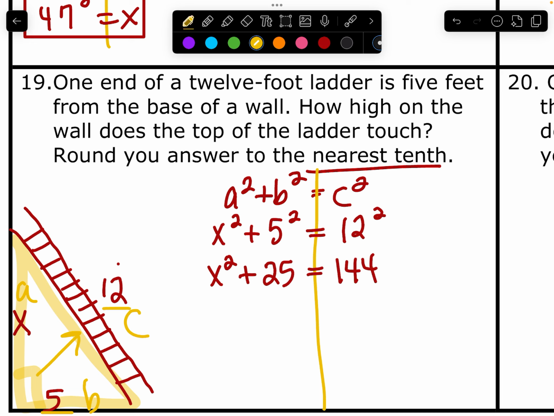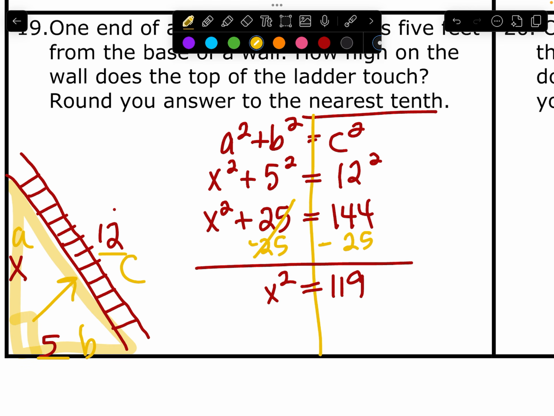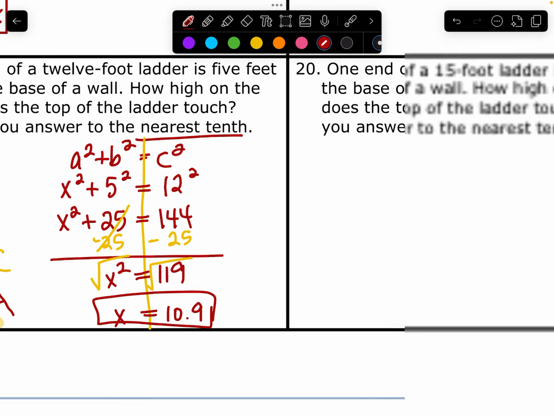Since x is on the same side as the 25, we're going to have to subtract 25 to get the x by itself. All right, 144 minus 25 is 119. And we're going to round to the nearest tenth when we take our square root per the instructions. And so that gets us 10.9. Go ahead and try number 20.